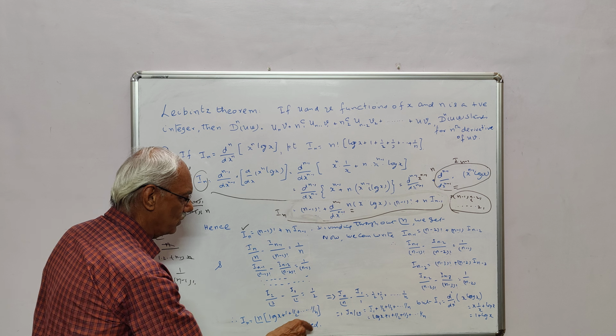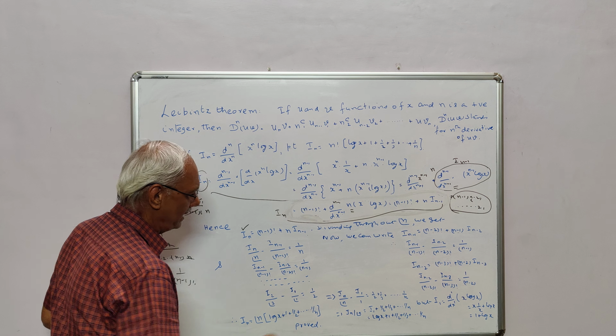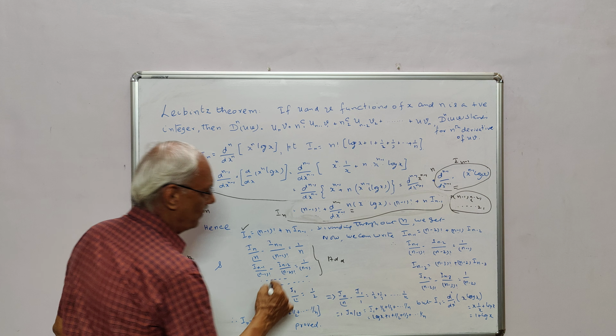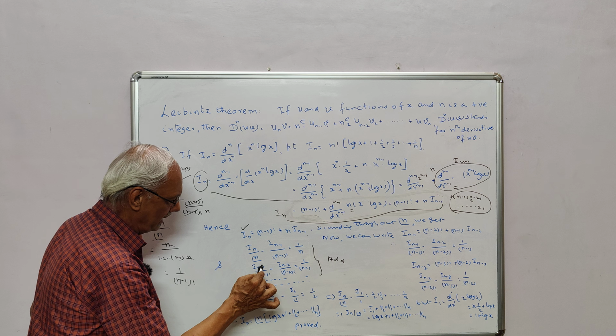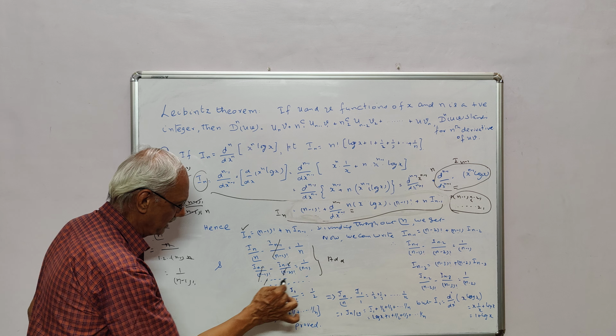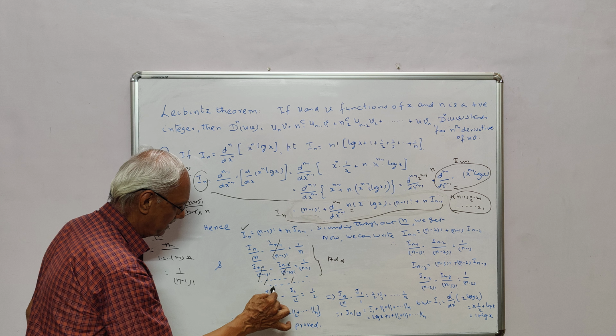So this pattern will go on. Now add. See, take this and add. When you add, this I_(n-1) plus this, crosswise, this one and the previous one will get cancelled. So this is the pattern of cancellation.